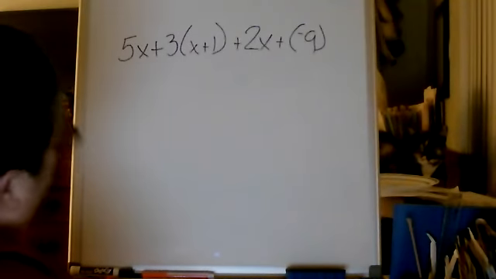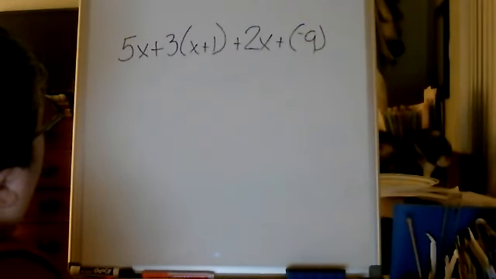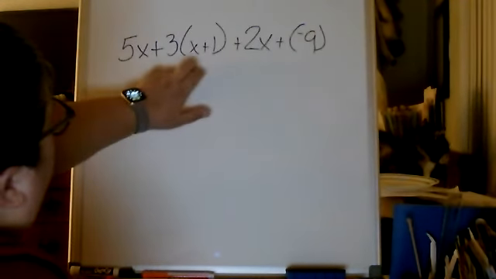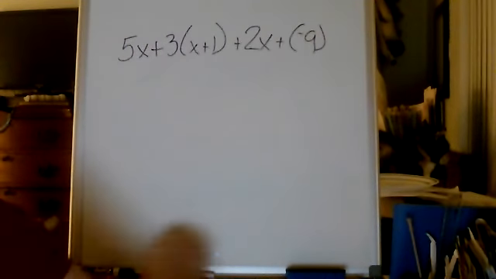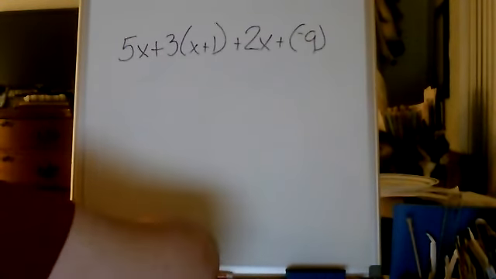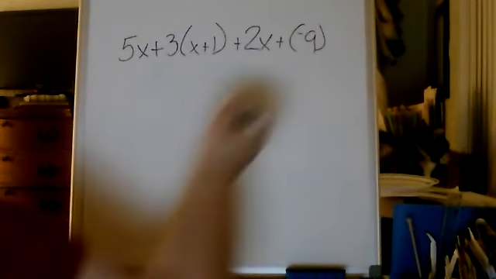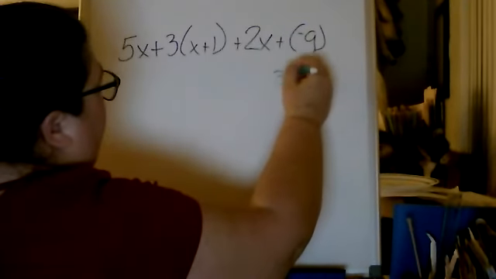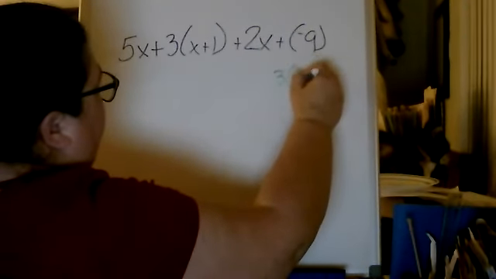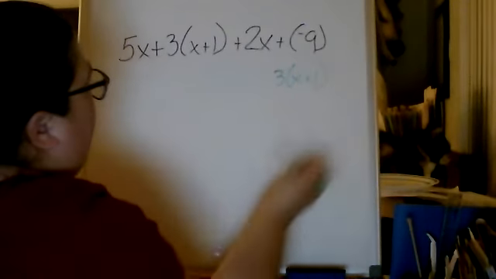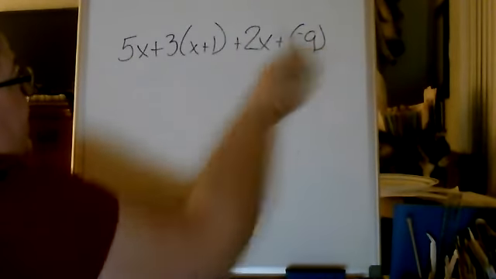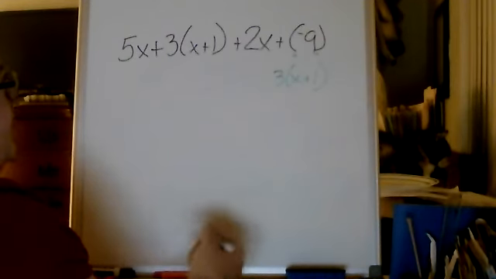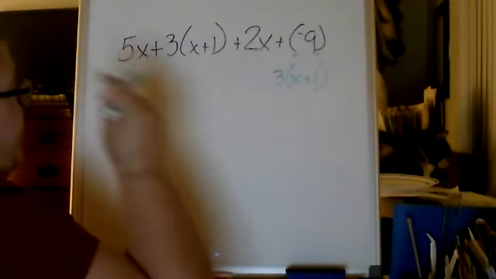Okay, so we only have the one variable, but we do have these parentheses here that we need to take care of. So over here, we're going to have 3x plus 1. And just so you know, I know we've got parentheses around the negative 9. That's only to be able to distinguish the fact that we're adding a negative number.